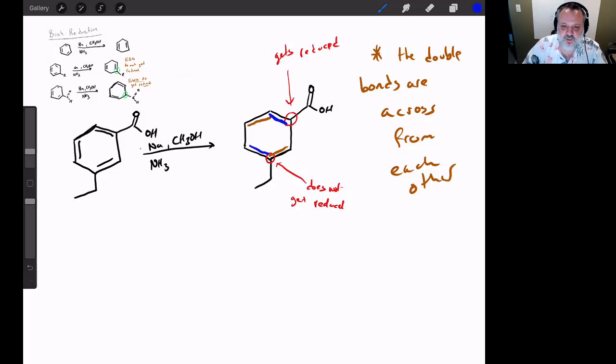So let me just back up a second. The electron withdrawing group is the carboxylic acid. The electron donating group is the alkyl group. Electron donating groups put electrons into the ring. Electron withdrawing groups pull electrons out of the ring. The alkyl group is electron donating through hyperconjugation.